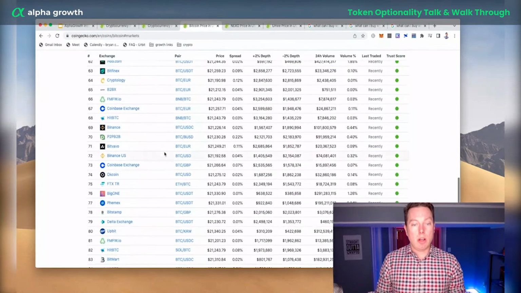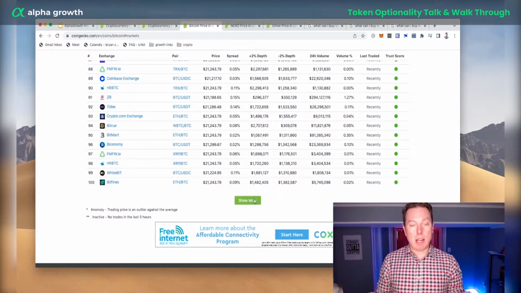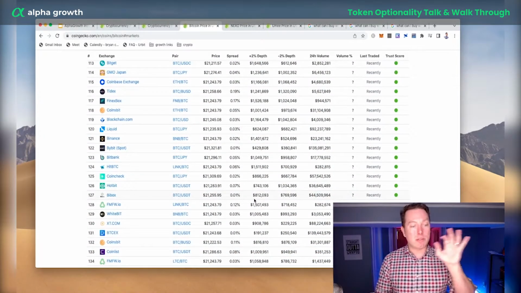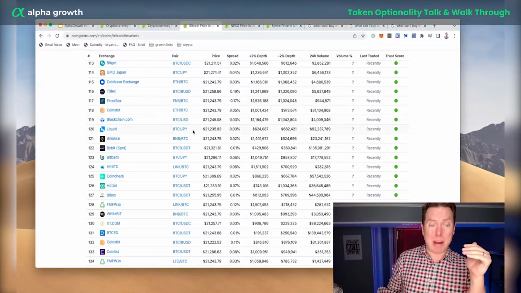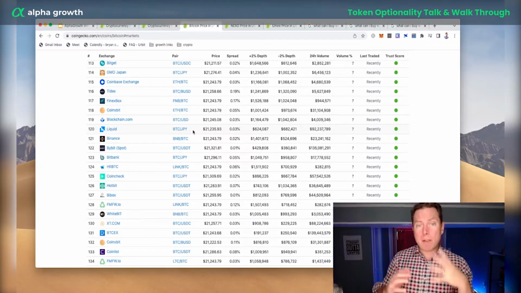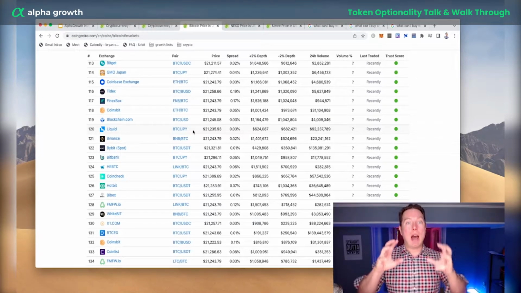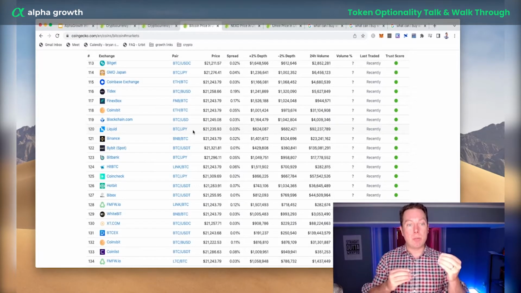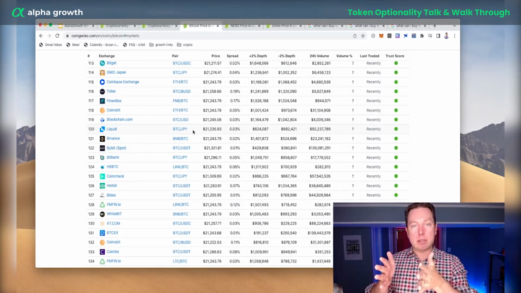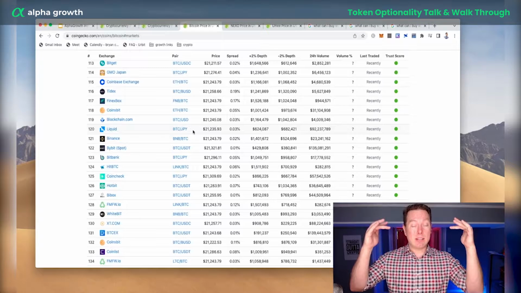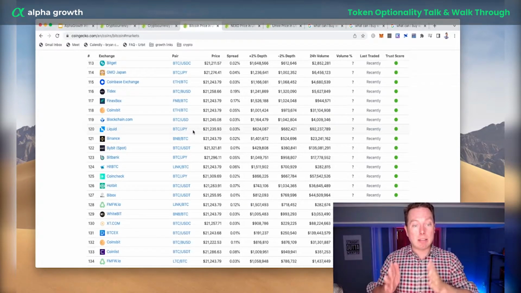I clicked on this earlier today, and there were not hundreds of thousands, but thousands and thousands of pairings. So right off the bat, one thing you can do with token optionality to get your token used and valuable is the amount of pairings that you have with your token, right? Bitcoin, being the highest in market cap, has lots and lots of pairings.